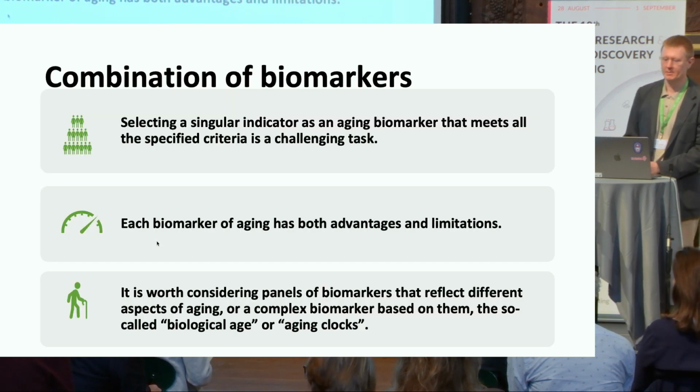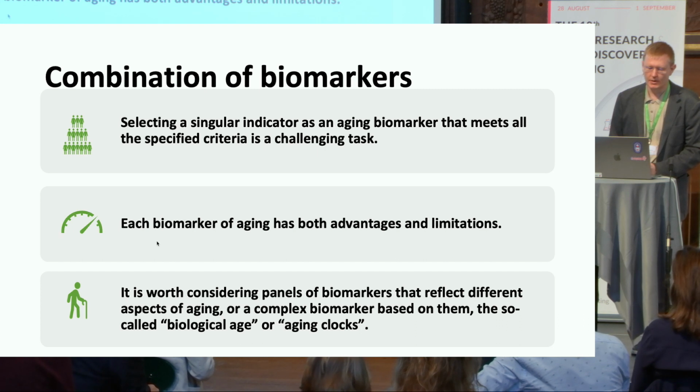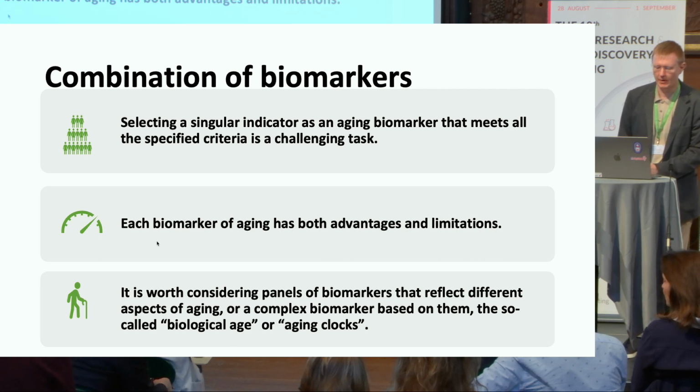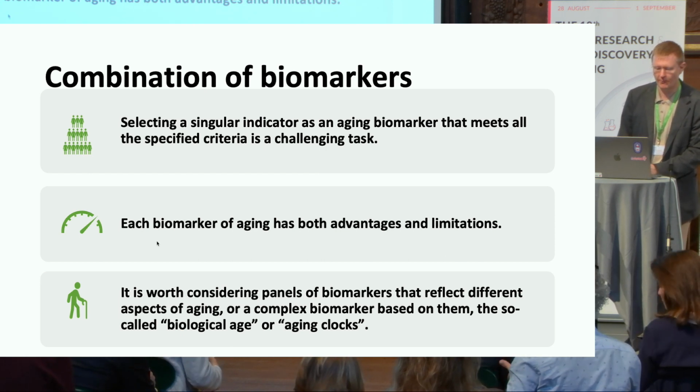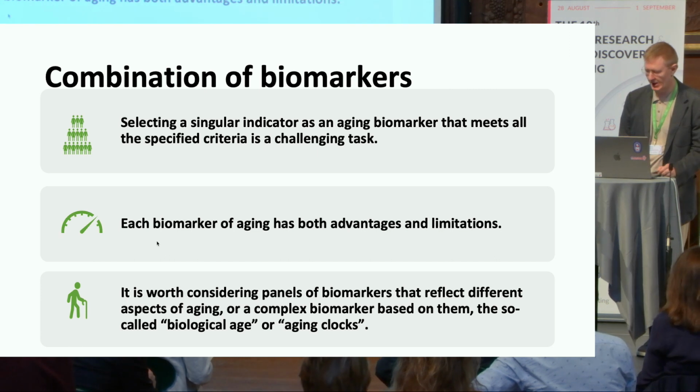But the problem is that a singular indicator as an aging biomarker does not meet all the specified criteria, and each biomarker of aging has both advantages and limitations. It is worth considering panels of biomarkers that reflect different aspects of aging, or a complex biomarker based on them, so-called biological age or aging clock.